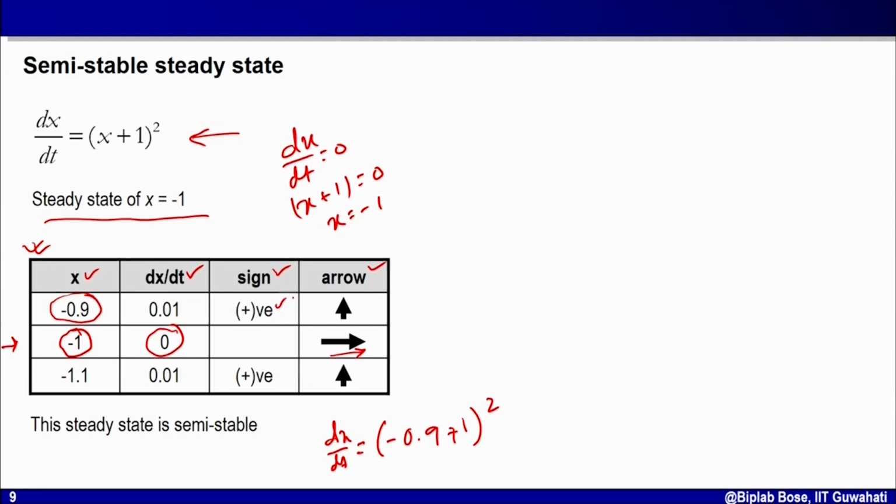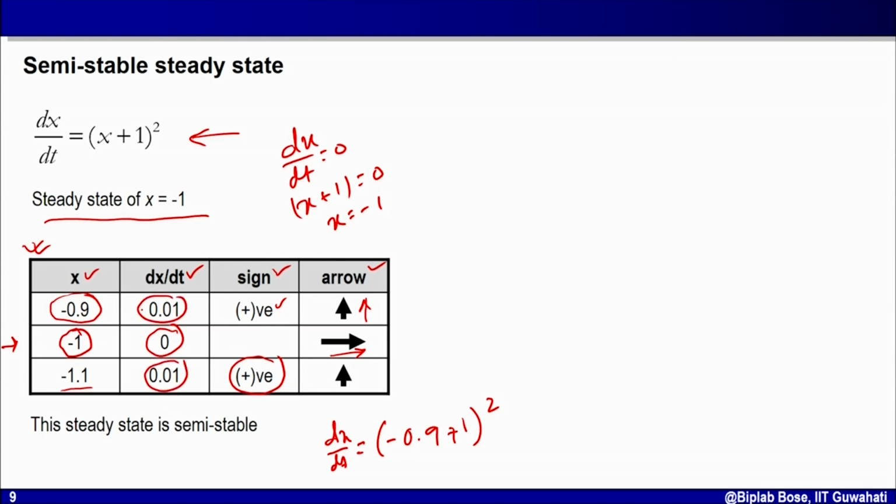So you have a positive sign. So I can put the arrow representing up. Whereas if I take minus 1.1, a slightly lower value than x equal to minus 1, again, as we have a square term, (x plus 1) squared, what we will get? We will get a positive value.